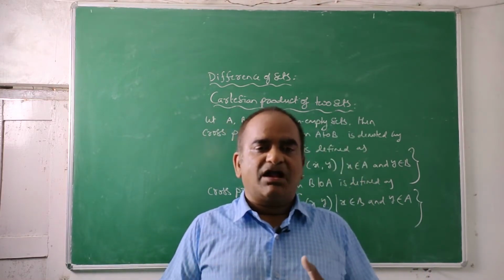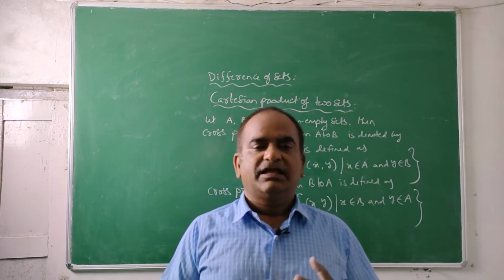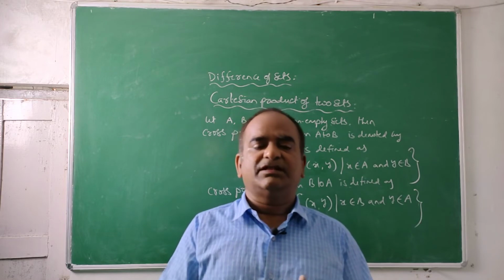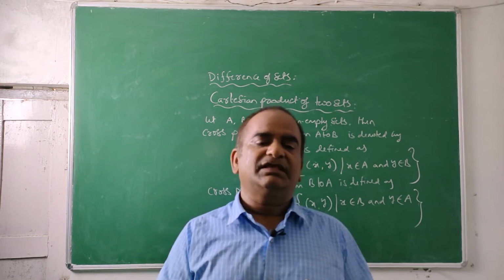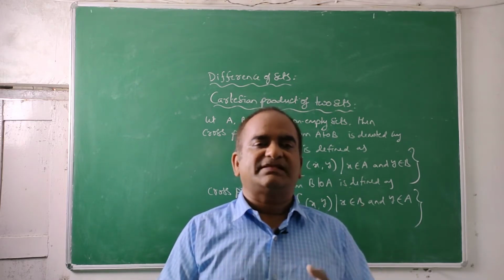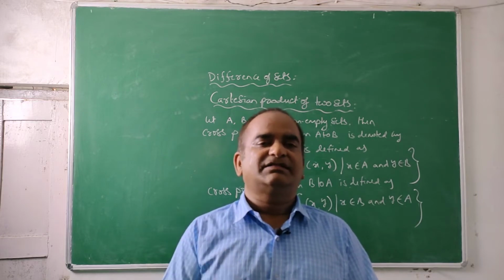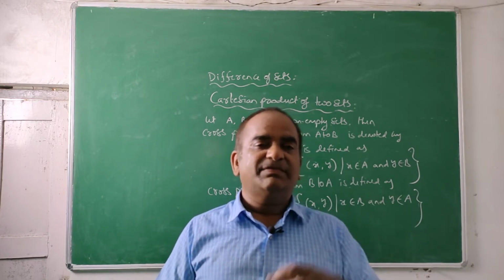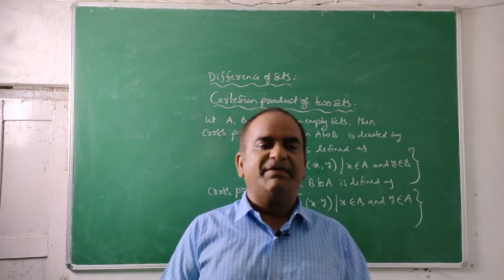When A and B are two non-empty sets, then their cross product from A to B is denoted by A cross B. In A cross B, you will see the collection of all ordered pairs in which the first element is taken from set A and the second element is taken from set B. Whereas B cross A is also a set of all ordered pairs.